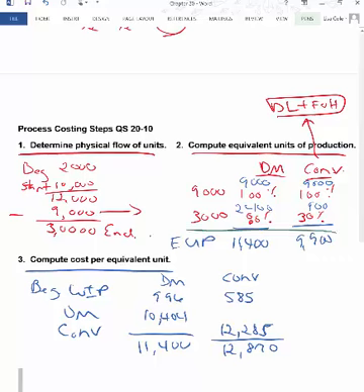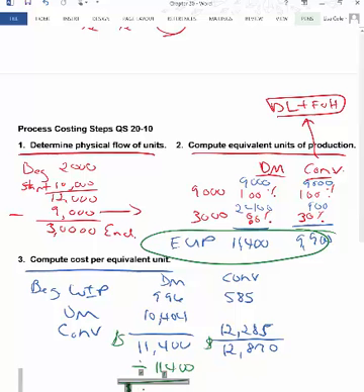Here's my equivalent units, and here's my total cost. So to get my cost per equivalent unit, I'm going to take my total direct material cost and divide it by the equivalent units for direct material, and I get $1. Sorry about that.